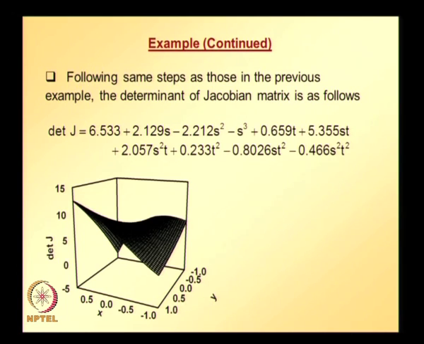You can see from this plot the determinant of J is changing sign from positive to negative. So, at some location over the domain of the element, the determinant of J is going to be 0.